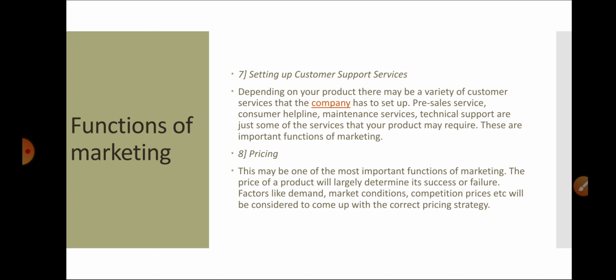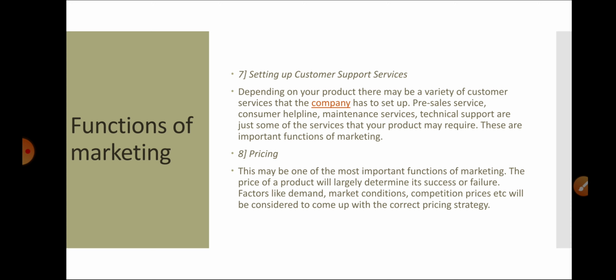Okay, next is pricing. You have to see the pricing of the product properly, because for that you have to look at many factors associated with the product, like demand of the product, market conditions, competition prices, etc. This is the time of COVID-19, so there are certain products whose prices get hiked up just because of their demand.